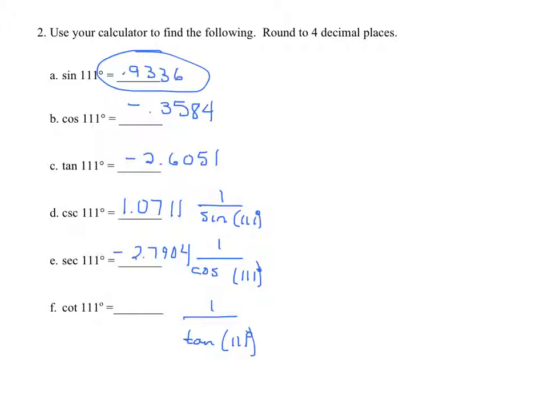And then last but not least, 1 divided by the tangent. The calculator puts that first parenthesis in, and the cotangent will be negative 0.3839 rounded to 4 decimal places.